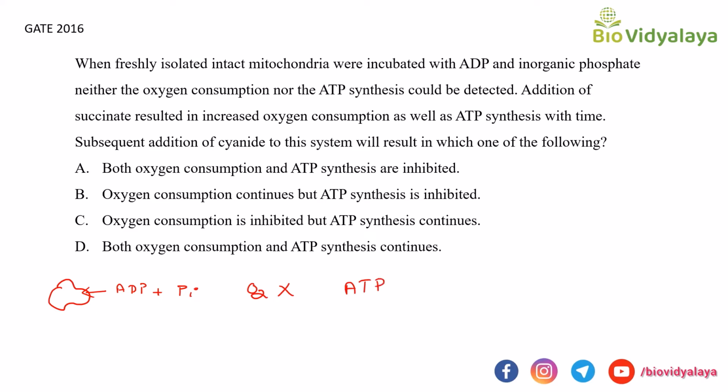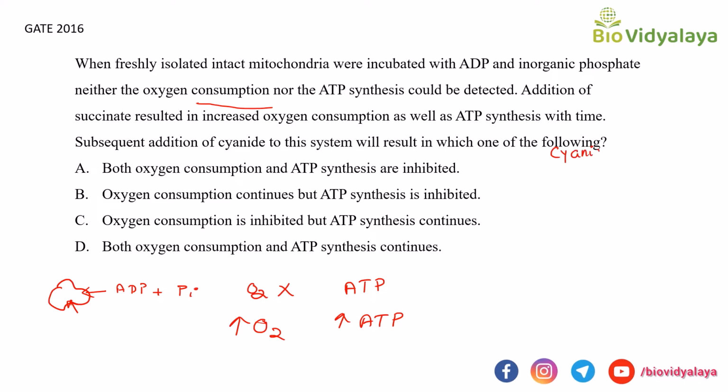And after that they added succinate to this system and they found that there is increased oxygen consumption and ATP synthesis. Okay, and subsequent addition of cyanide to this system will result in which one of the following? So if we add cyanide to this system, then what will occur? That we have to find.